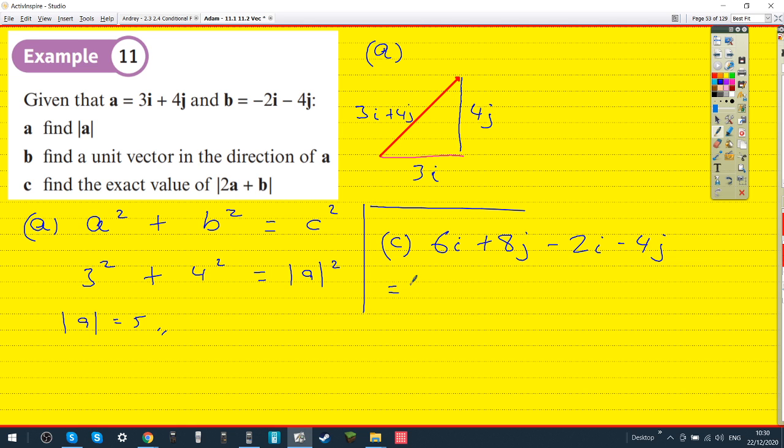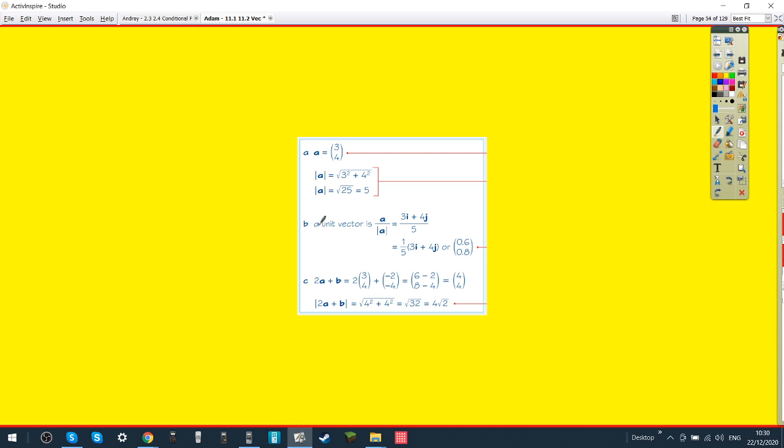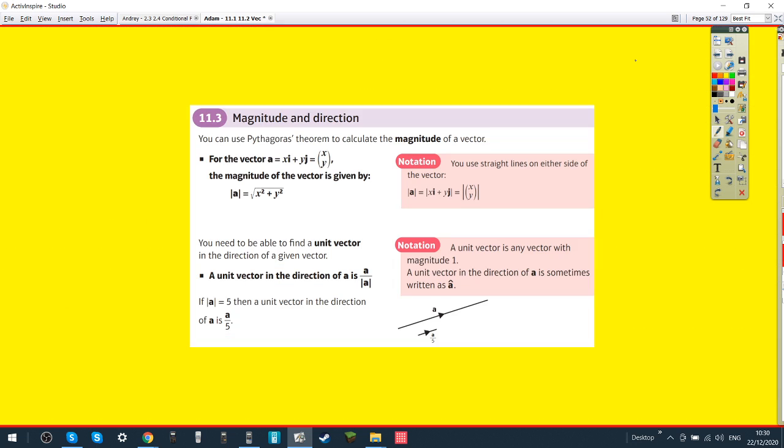I got 4i plus 4j. Okay. And then you do the Pythagoras. I got 4 square root 2. 4 root 2 sounds all good to me. This one up here was 5. So you just work it out and do Pythagoras.